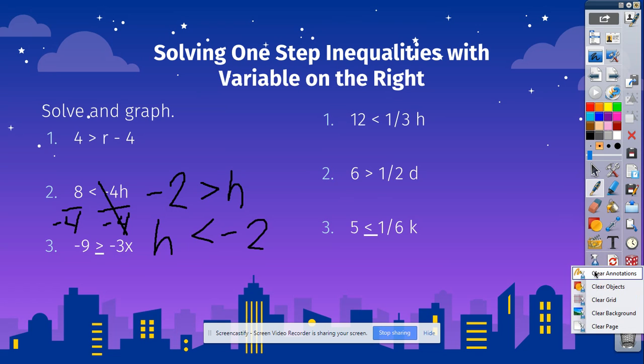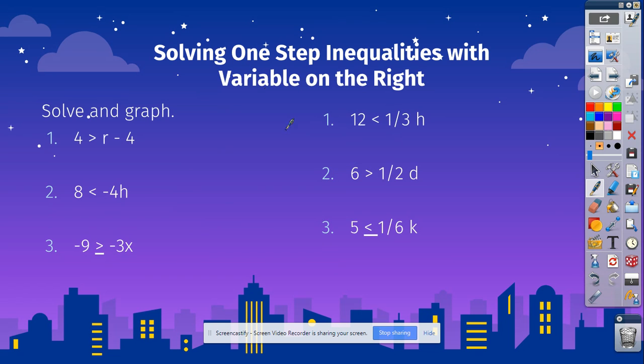If we go and look at the right side over here, we see that a fraction is being multiplied by a variable. So if I rewrote this, this would be, let's do number 2. 6 is greater than 1/2 d. And in class, we talked about how we can group the variable with the numerator.